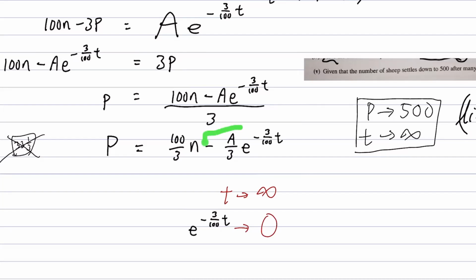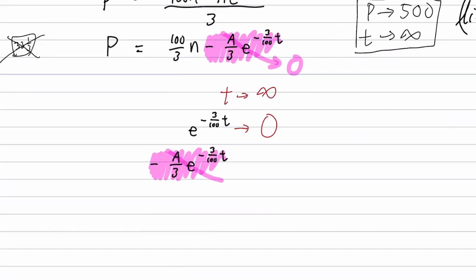So the entire second term, minus a over 3 times 0, goes towards 0. Not the entire thing, just the second term. Yeah, I should highlight it.